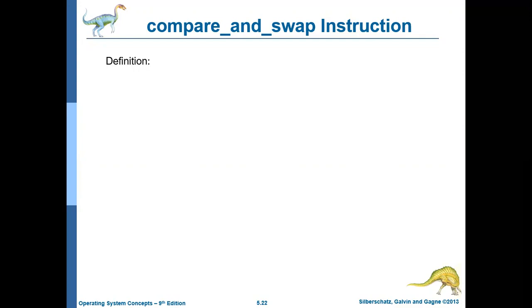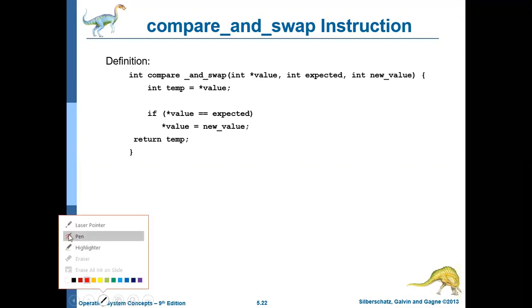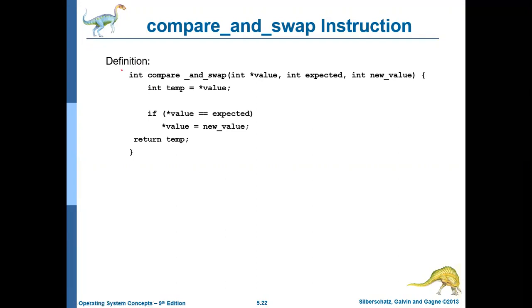First let us understand how this instruction works. This compare and swap instruction is basically a function, but it executes as one single unit. That is, it will execute as an atomic instruction: once it is called, all these instructions will execute, and only then can a context switch happen.